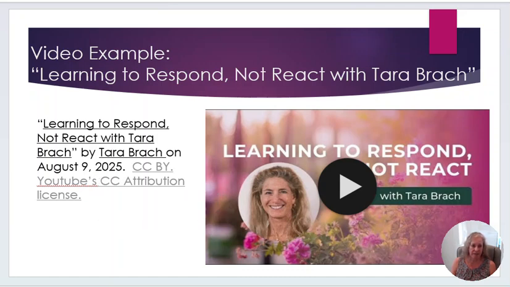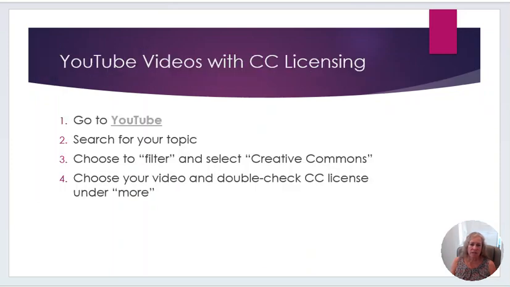YouTube videos are rather cool because you can go to YouTube, search for your topic, and then choose a filter and select Creative Commons. This means that you can find the license that is there and be more comfortable with using the work and including it in your course.